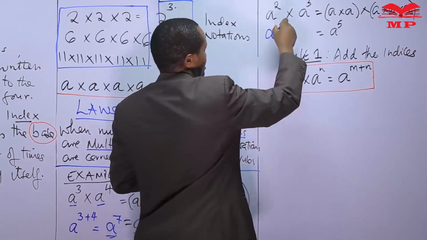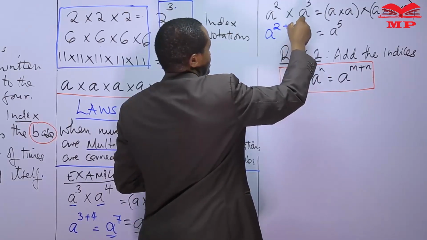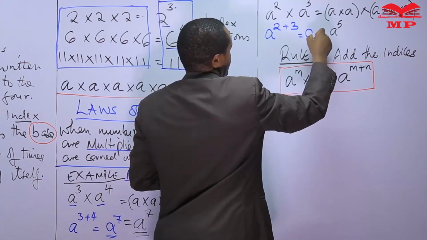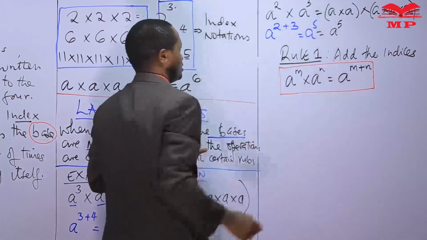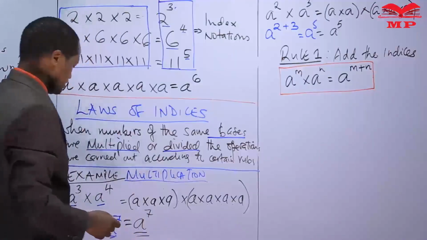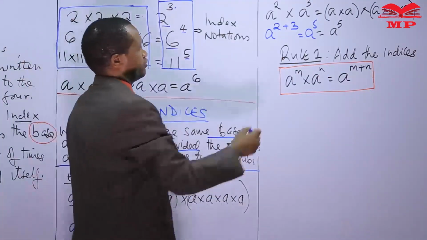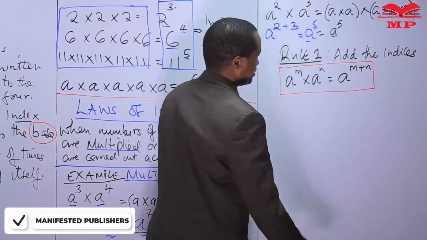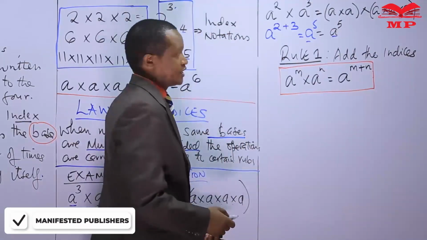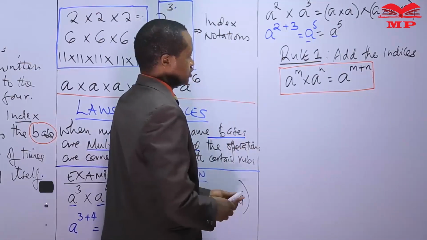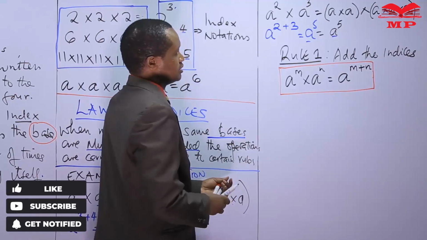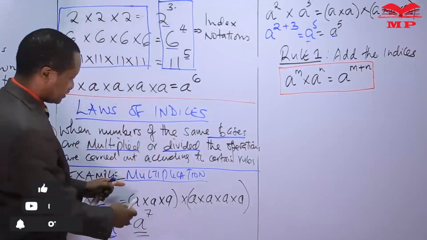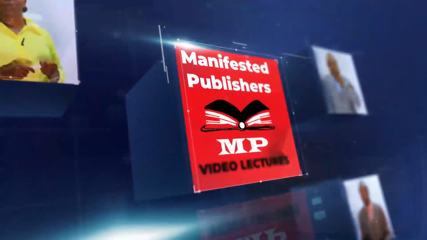So their indices are 2 plus 3, which is equal to A raised to the power of 5. That is rule number 1 when multiplying.